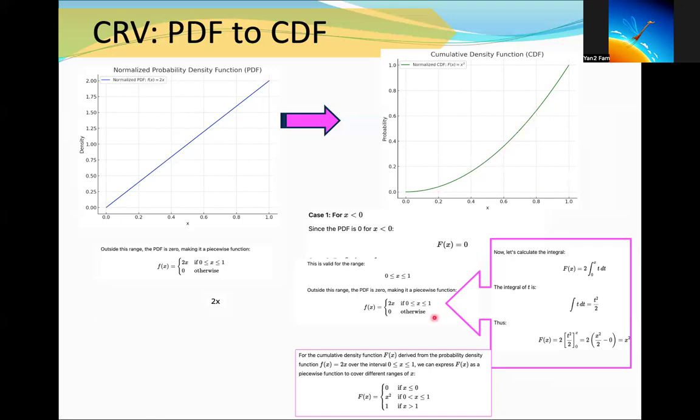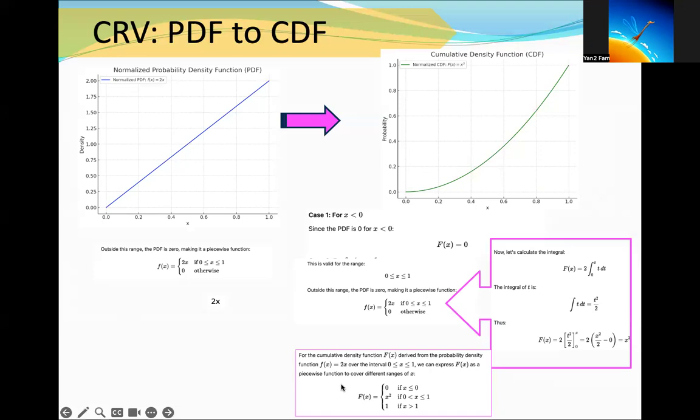So then, of course, bigger than 1, that's the maximum. The cumulative should always reach only up to 1. If you have bigger than 1, it means something is wrong, right?